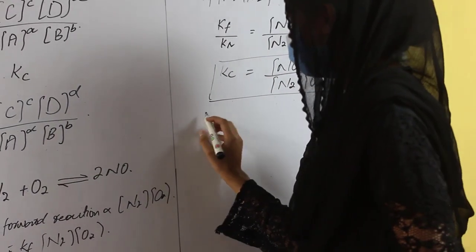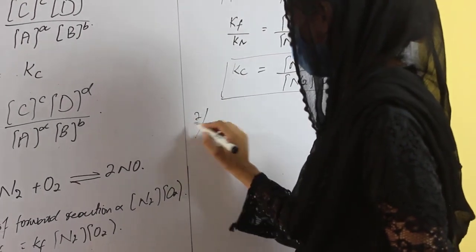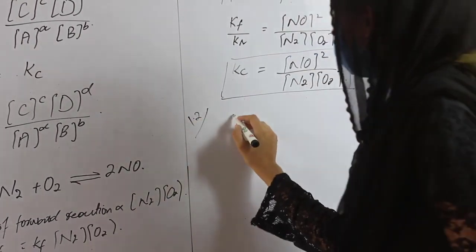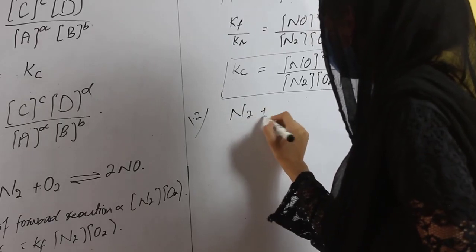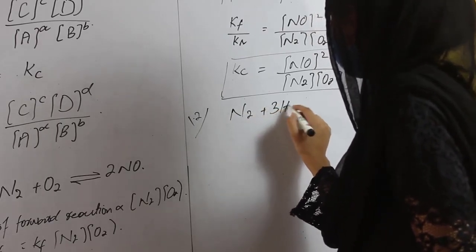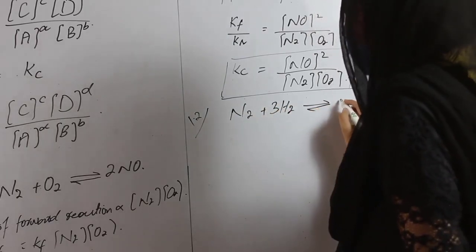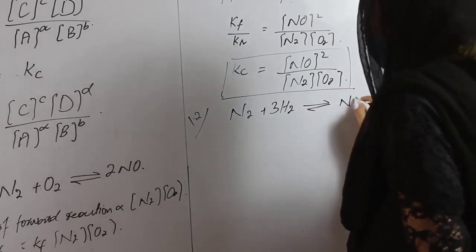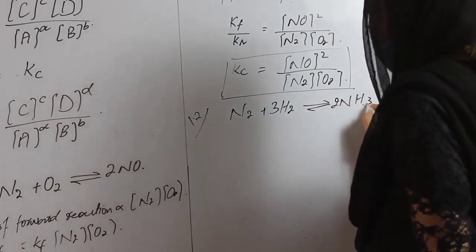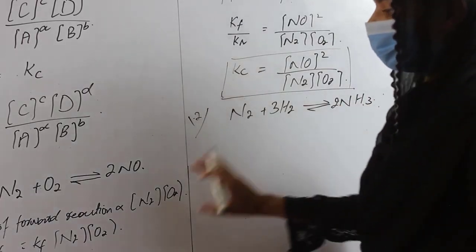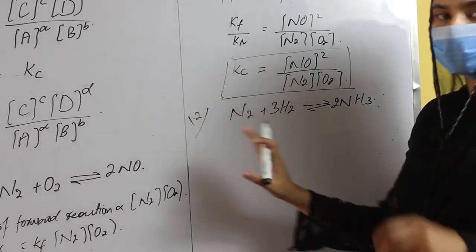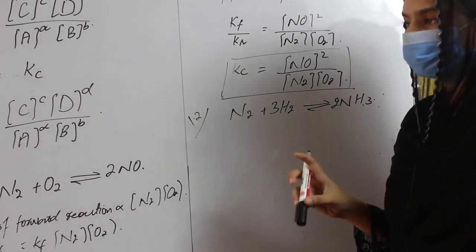The second example is that nitrogen reacts with 3 molecules of hydrogen and forms ammonia gas, 2 molecules of ammonia. They have the same procedure as nitrogen and oxygen gas.